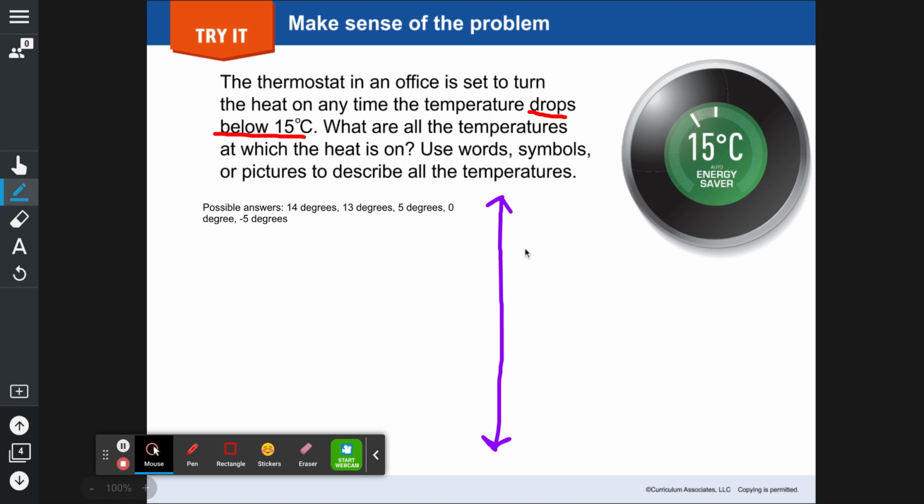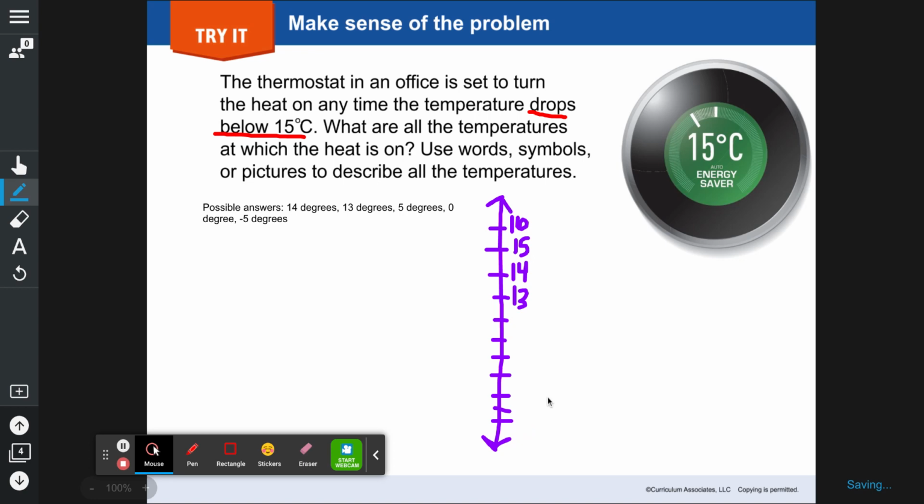So anything below 15 degrees. Let's say this is 16, I just made up that number. You could have put 20 there, you could have put any number. If this is 15, I'm not going to do every whole number below, but I am going to put some tick marks, and you'll know that everything in this direction is less than 16.